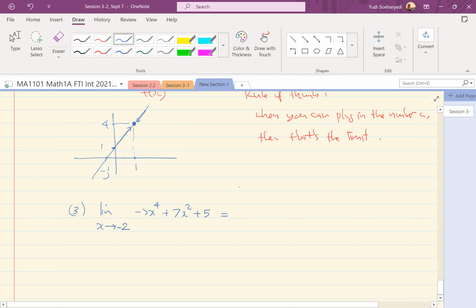When you plug in the number, here you get -3 times (-2) to the power 4. So what do you get here? 2 to the power of 4, so 16. 16 times this -3 is -48. This is 4, so that's -44. This is 5 times -2, that's -10, so -15. Okay, just plug in the number.